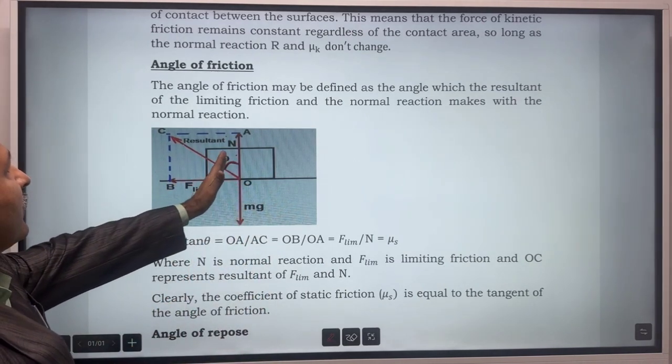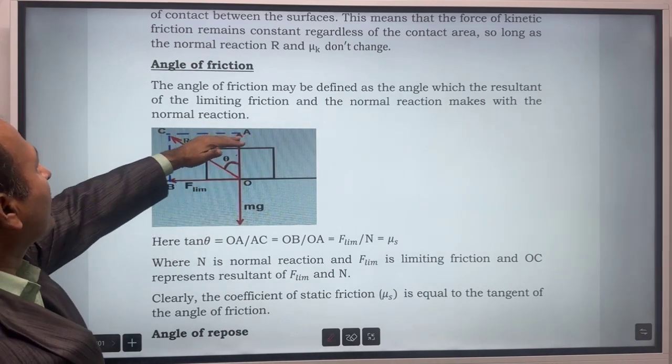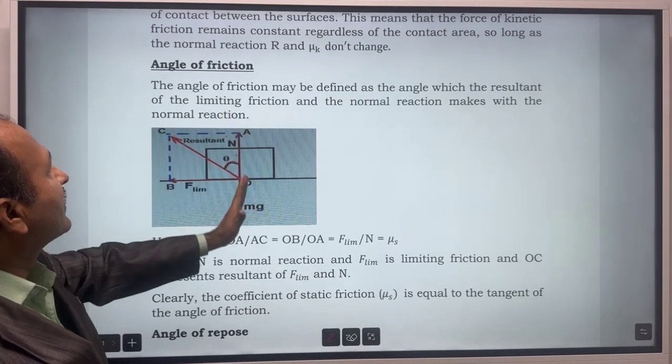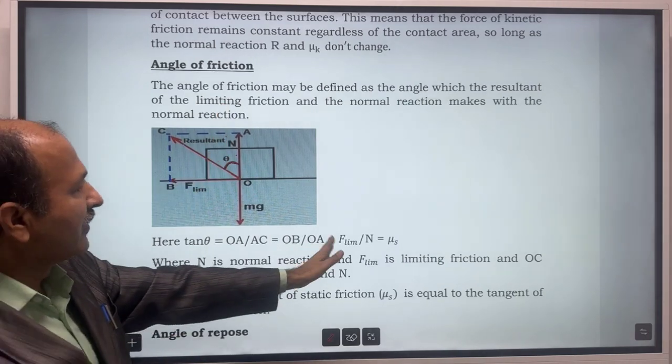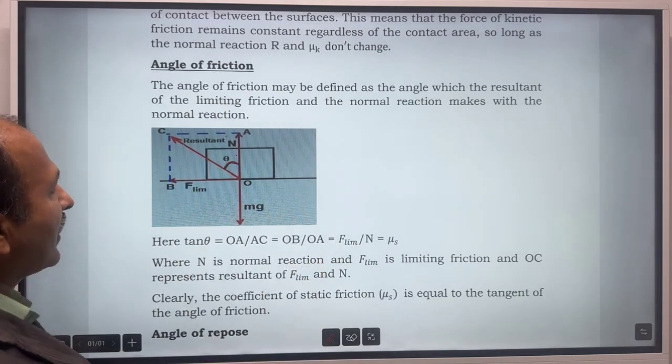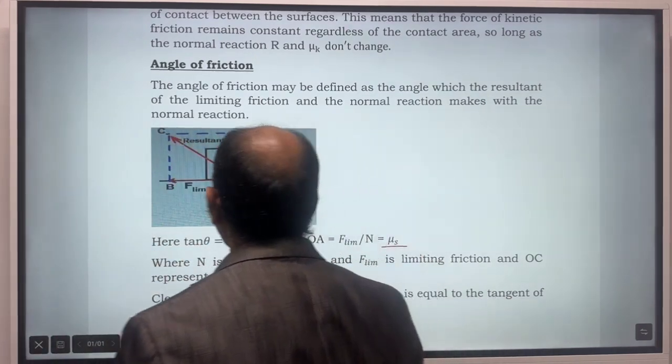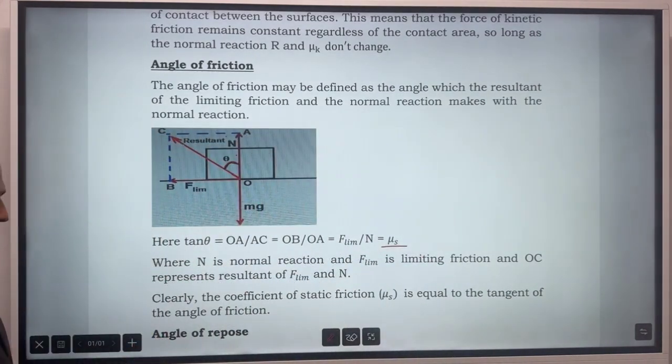So tan theta, if we want to find it, what will be the perpendicular? The perpendicular will be AC, meaning this friction, and this is the normal reaction. The ratio of the two, friction upon normal reaction, will give the coefficient of static friction or coefficient of friction.